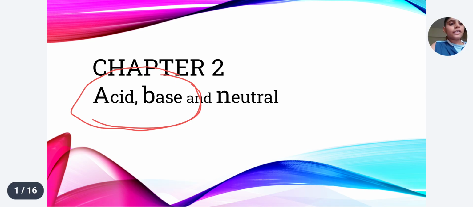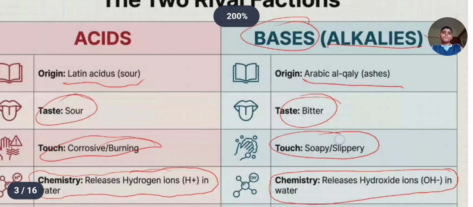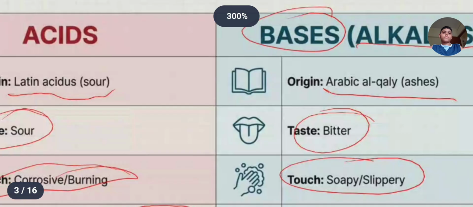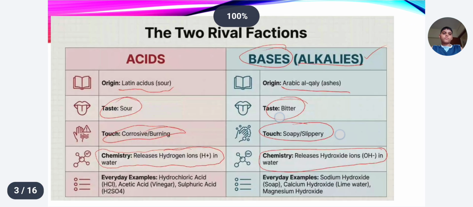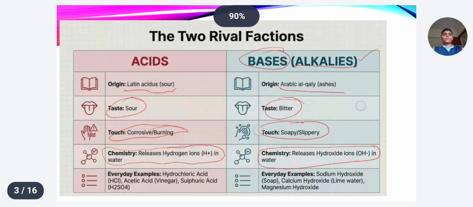So we will get to know these rivals. The two rival factions, acid and bases. So first let us start from acid.